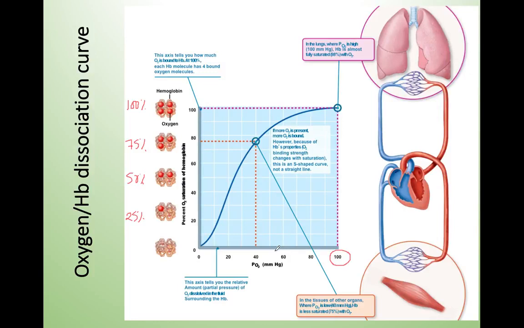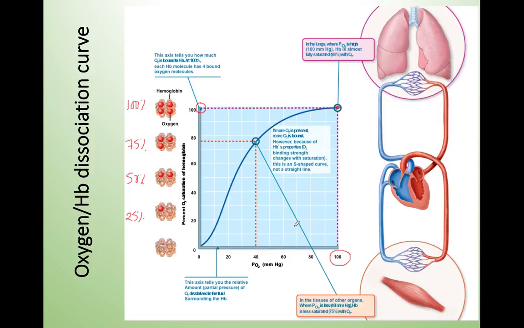That implies high affinity. So if you notice where it says 100 millimeters of mercury here, if you go all the way to the top of the graph and see what the saturation of oxygen is, it's 100% saturation, which means that at this point, 100 millimeters of mercury, which is your lungs, your hemoglobin would be almost 100% saturated.